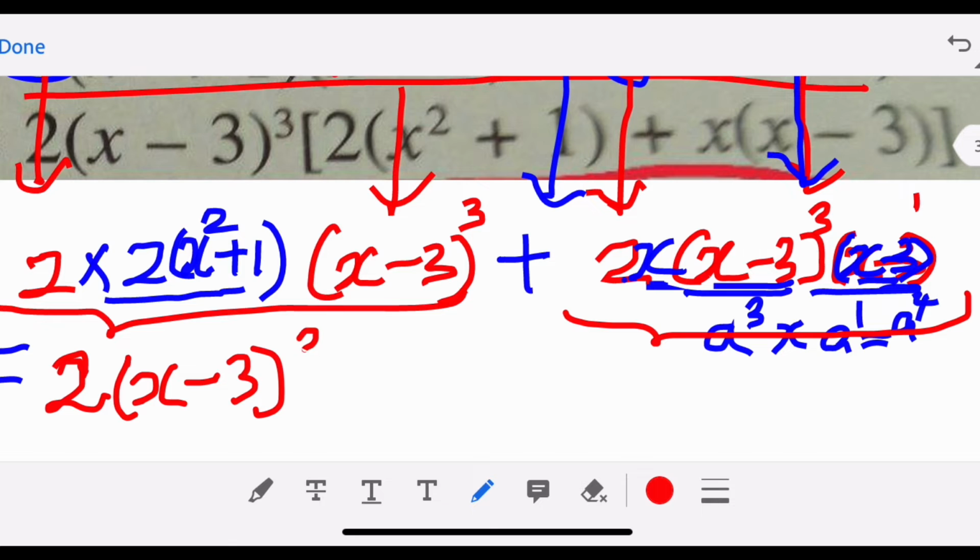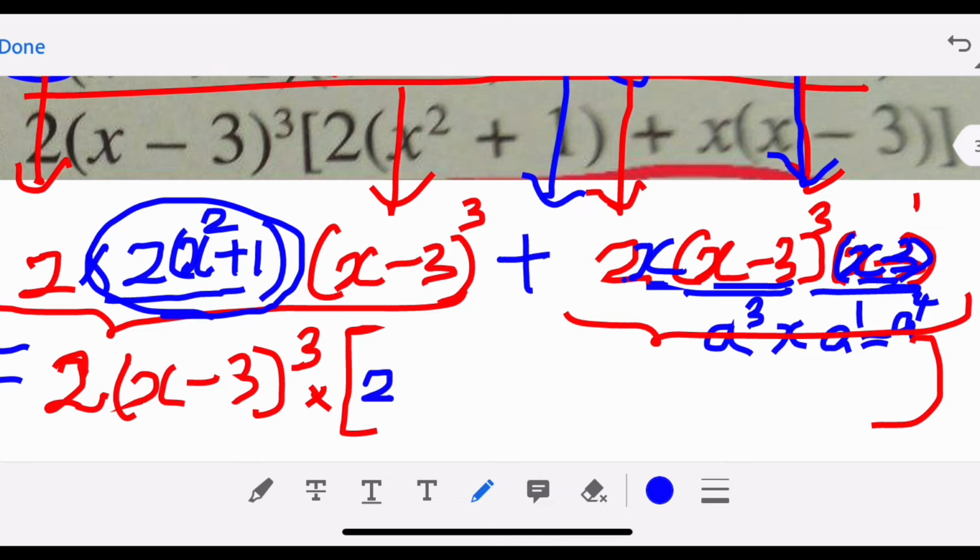So the one I wrote in red color is what we call the common factor, and I'm going to pull them out. The moment you pull them out, this is multiplied, so the balance that you're supposed to write should be the leftover one in blue color. It's actually this whole thing being divided by this. So the balance will be 2x squared plus 1.